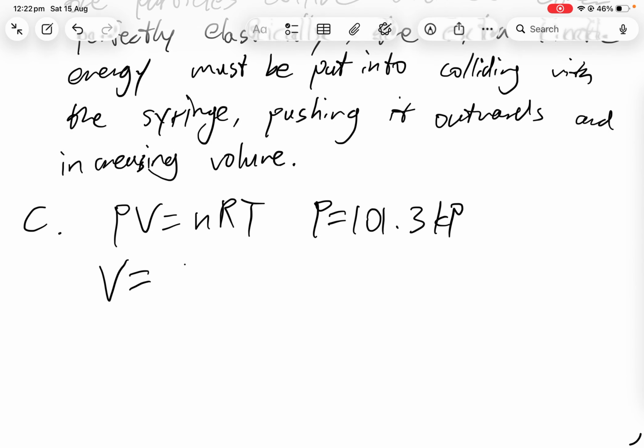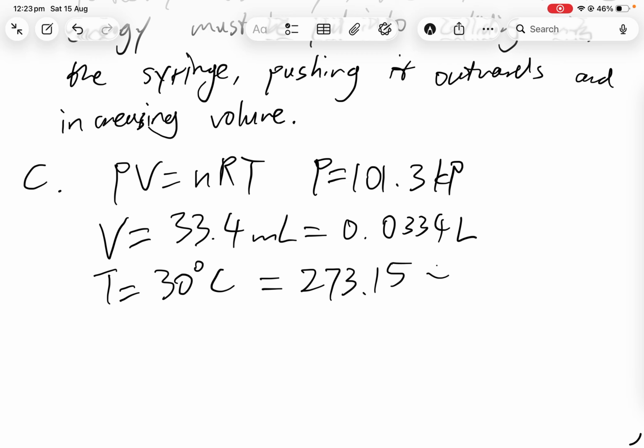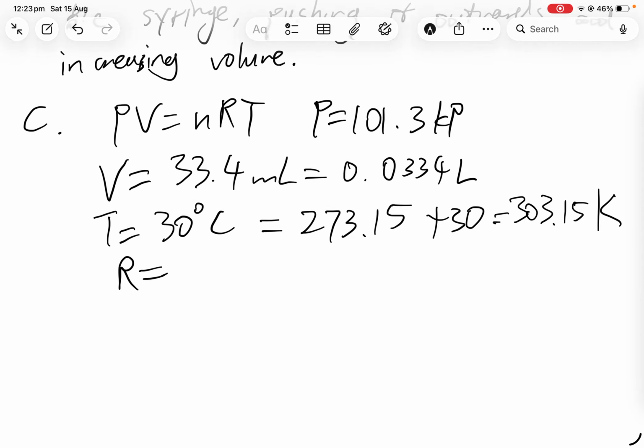Volume for trial 2 is 33.4 milliliters, which equals 0.0334 liters, and T equals 30 degrees, so 273.15 plus 30, which equals 303.15 kelvins, and R is a constant, 8.314.